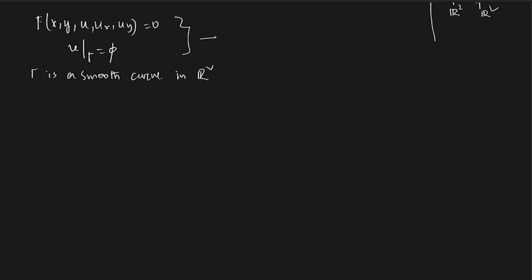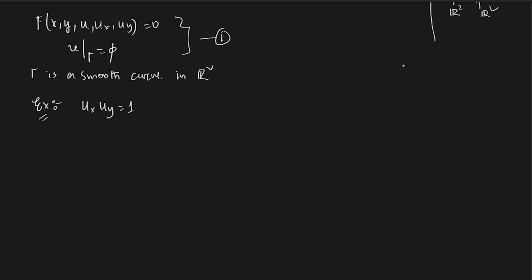Now, as an example, a fully nonlinear equation may look like this: u_x times u_y equals 1. Just looking at the expression, you can see that if you want to write characteristic equations, it is not the right form, right?